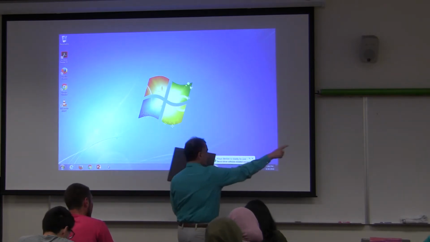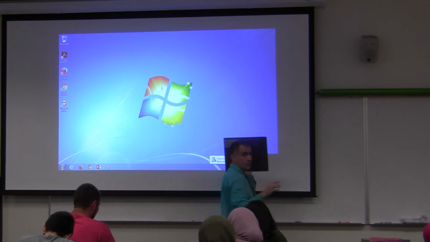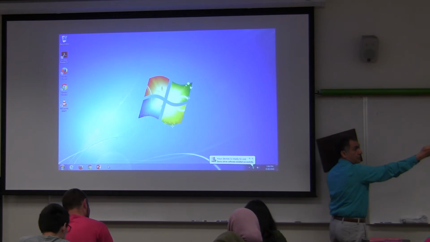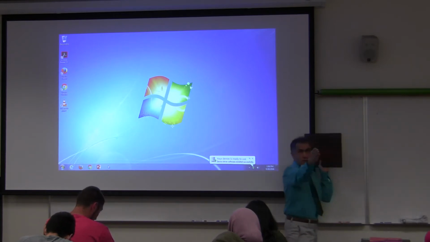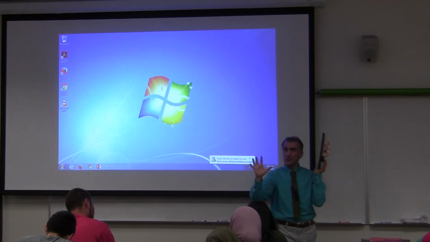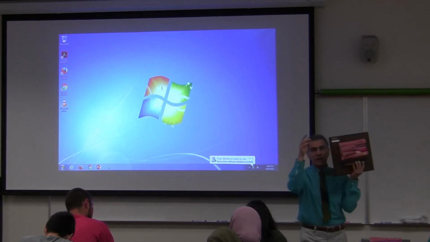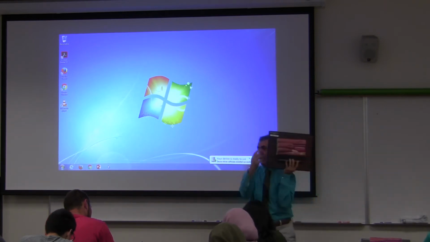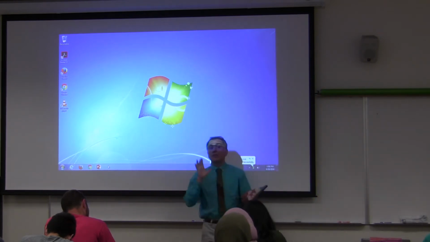The perimeter of this room is the white board, or the green board. That is the perimeter of the cell. Skeletal muscle does not have the nucleus in the middle of the cell. They have it in the periphery of the cell. And they are striated, and they are under your control.